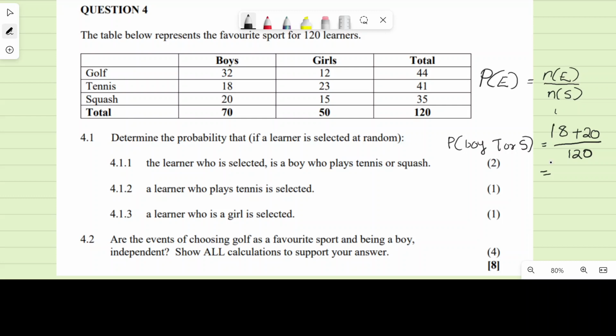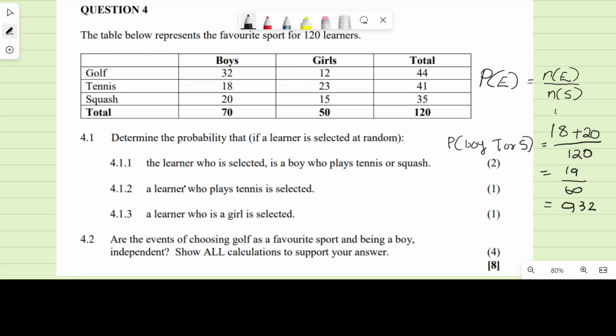Just take the calculator and calculate the answer. The answer is 19 over 60. You can also write the answer as a decimal, 0,32. That is the answer for 4.1.1.